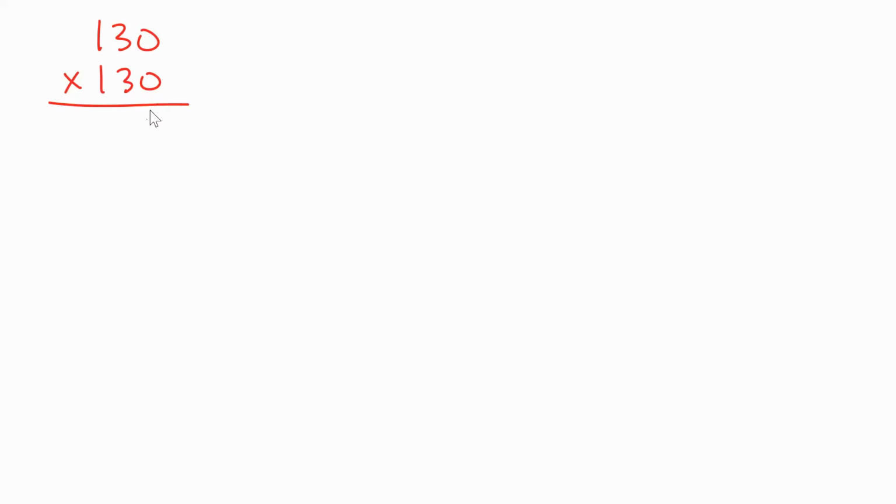So 0 times all this would just be a 0. Then we go, placeholder. This will be our placeholder for that. So 3 times 0, 3 times 3, 3 times 1. 2 placeholders, 1 times 0, 1 times 3, 1 times 1.